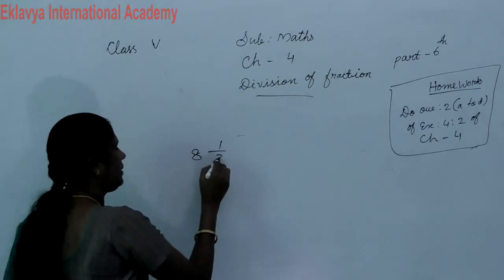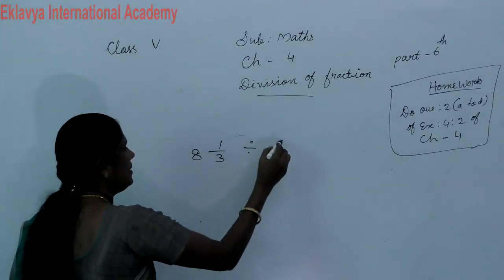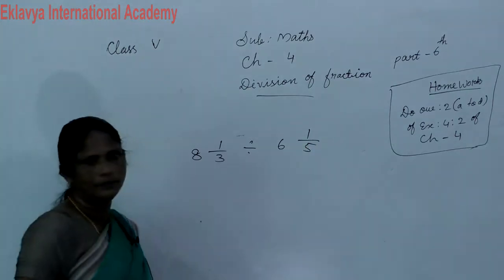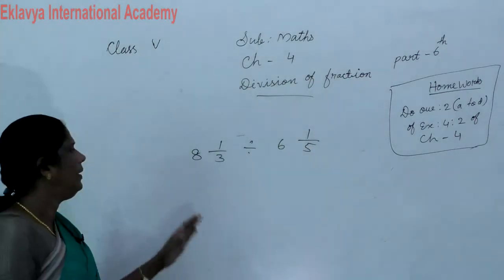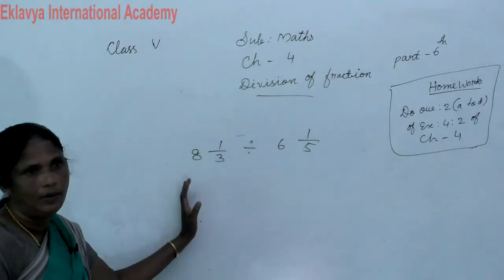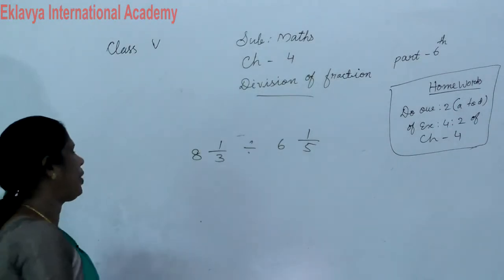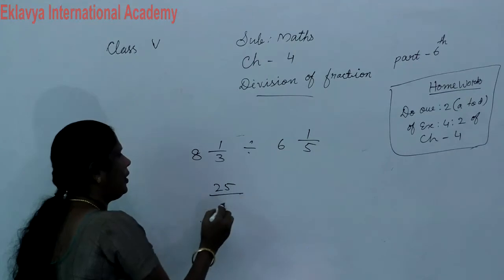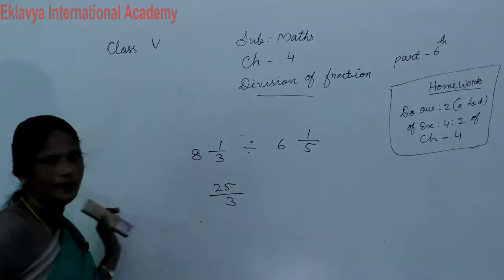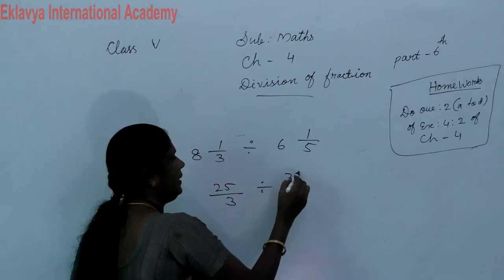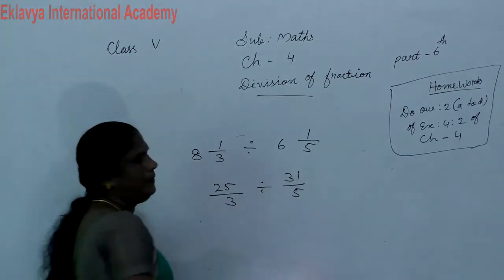8 1 by 3 divide 6 1 by 5. Now, first step convert mixed into improper. 25 upon 3 divide 31 upon 5.